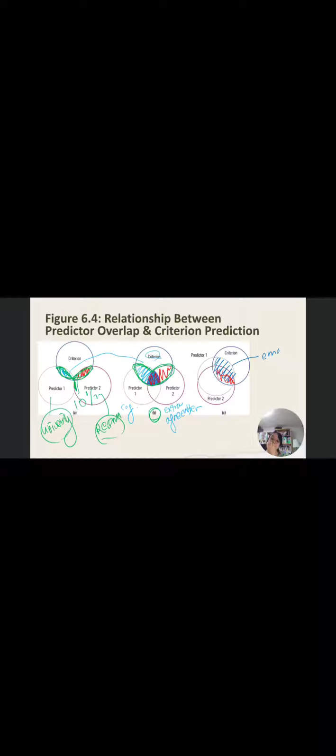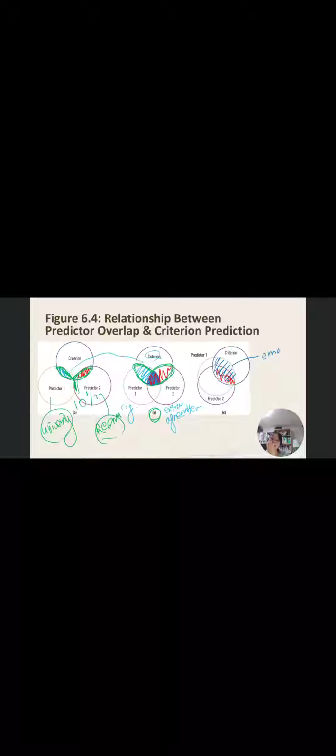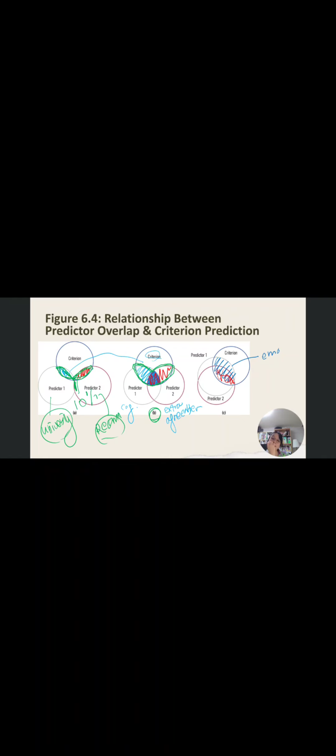But there is significant overlap between predictor 1 and predictor 2, right? So if you have predictor 1, adding predictor 2 does not make that much of a difference in increasing your explained variance. So how much of the variance do you explain by adding predictor 2?